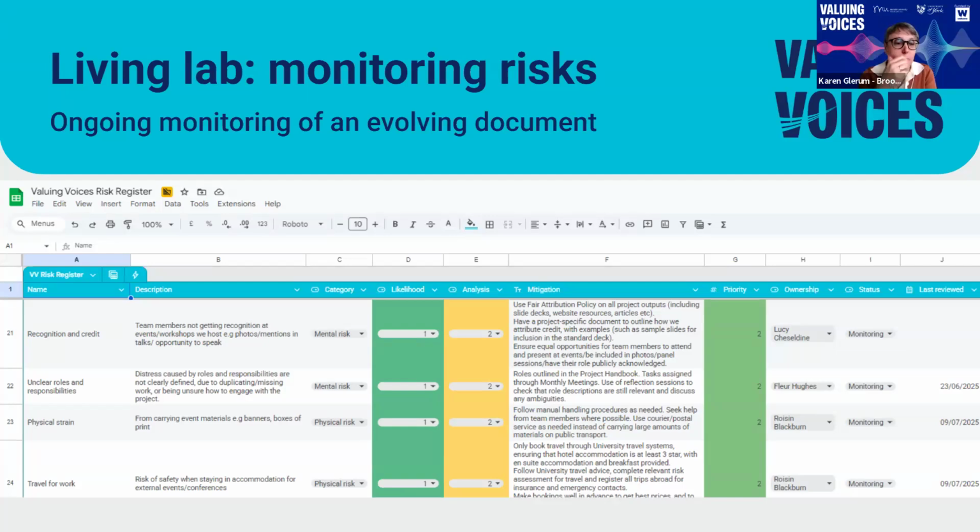That's column 1 or column A. We describe the risk. We categorize it. So as you can see, we have mental risk, physical risk, but we also have risks to the timeline, for example, risks to meeting our goals. There's a number of risks that we have in these categories.